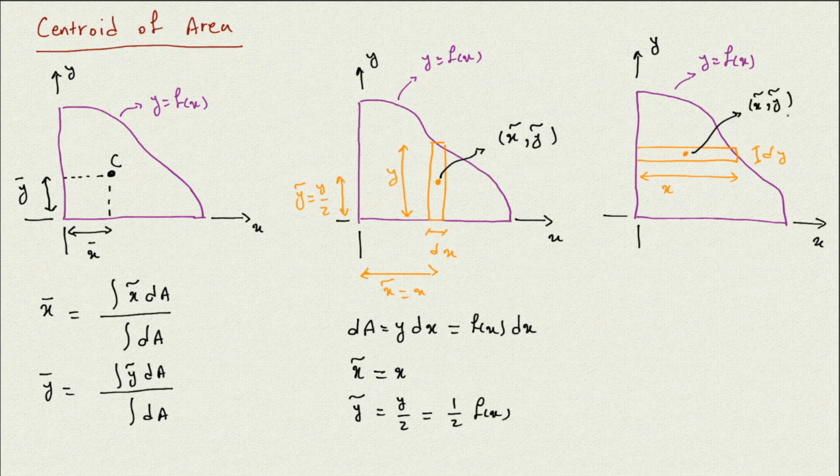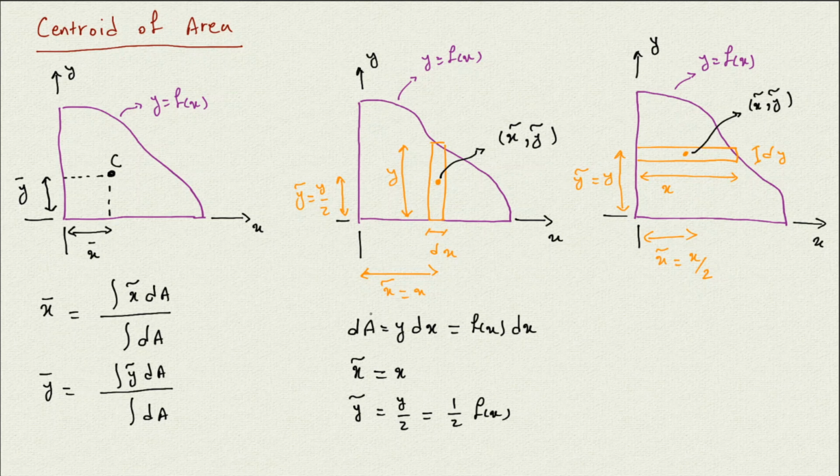We want to find the dimension of the centroid of the element. The distance of the centroid of the element in the x direction is going to be half of x, and the distance of the centroid of the element in the y direction is simply y. The same as what we did before.